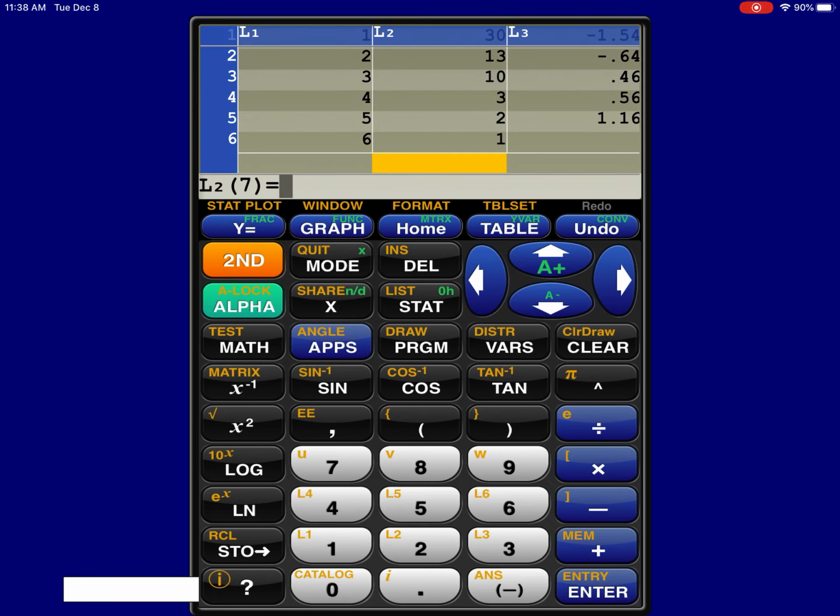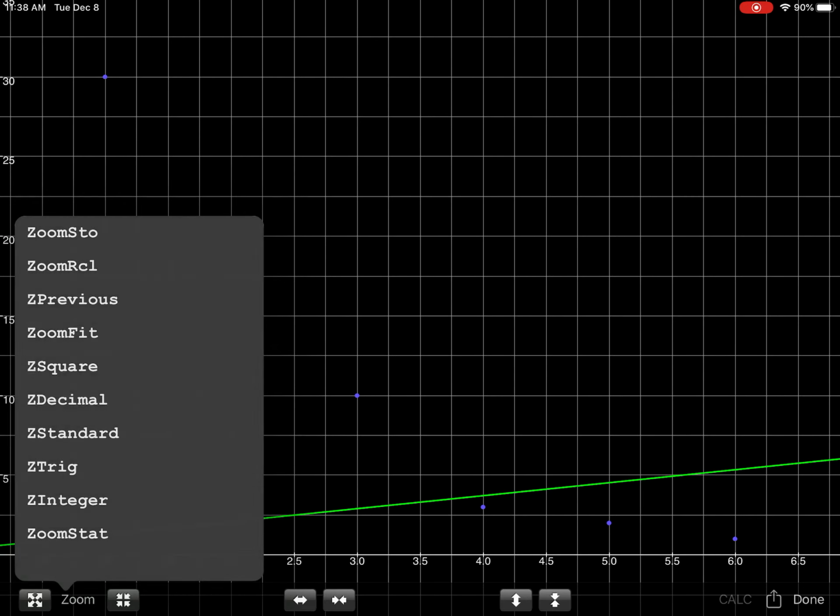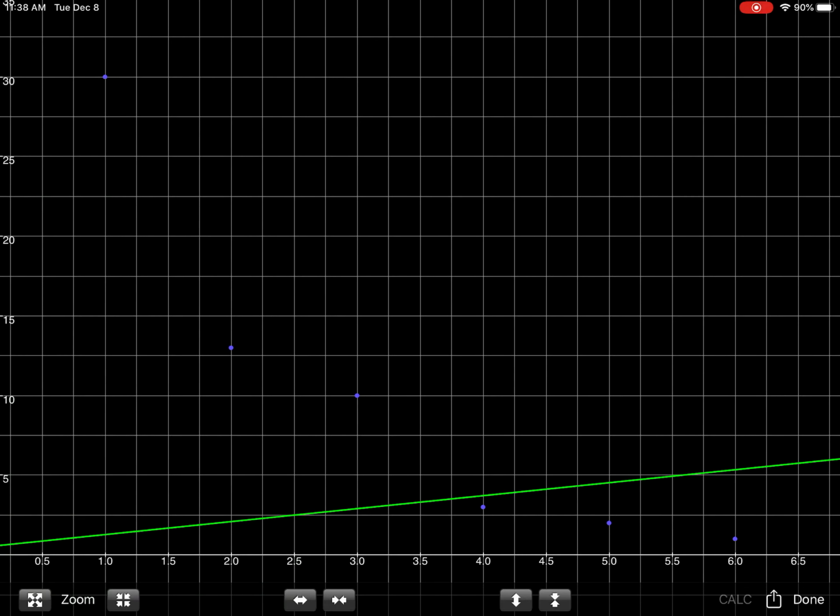Okay, so if you ever wanted a graph, you could just press graph, and then bottom left zoom, and then zoom stat. So then we should see those numbers. Now, forget the green line. The green line is actually from our previous problem where I asked you to store it. Does that make sense? So the blue is my exponential.